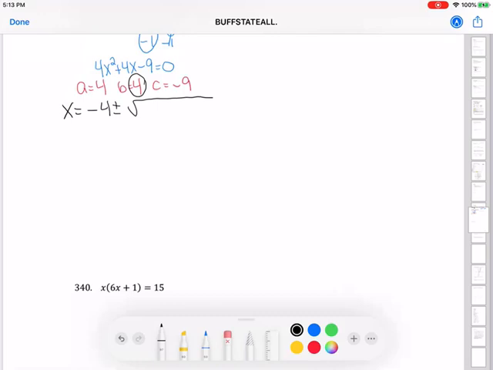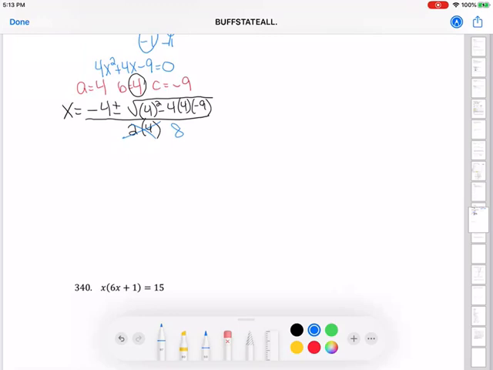My plus or minus comes down, and so does my square root. Okay. Then I have my parentheses, b, which is 4, square it, minus 4 times a, which is 4, times c, which is -9. And it's all over 2 times a, which is 2 times 4. Remember, get in the habit of just multiplying those out right away. 2 times 4 is 8. You only want one number in the denominator.